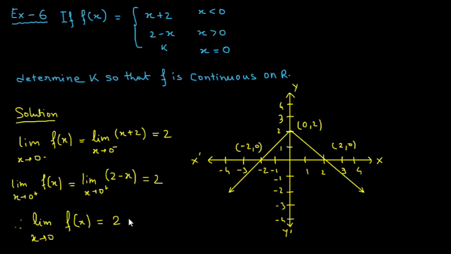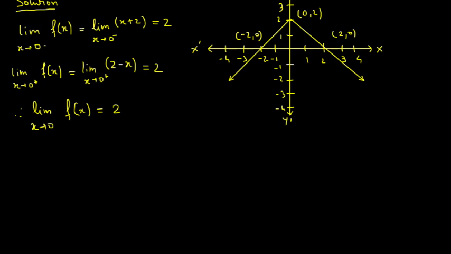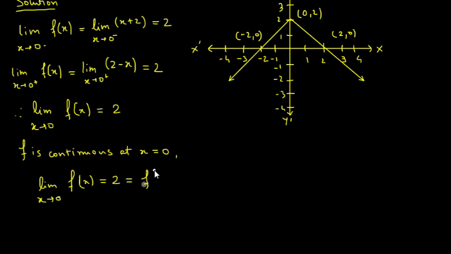So, in order that f is continuous at x is equal to 0, we can write limit x tends to 0 f(x) is equal to 2 is equal to f(0).